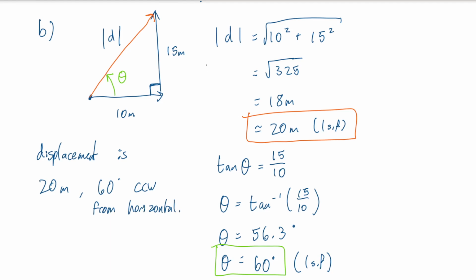And it is clearly shown in the diagram, right? Because I've labeled theta going counterclockwise, so this bit is technically optional with a good diagram, but I'll put it in there for clarity.